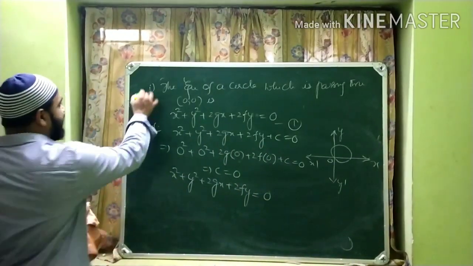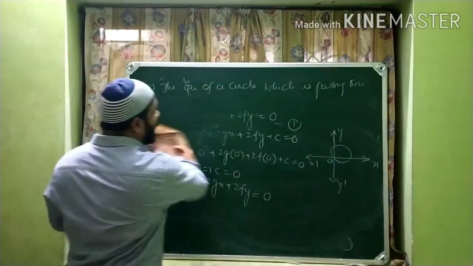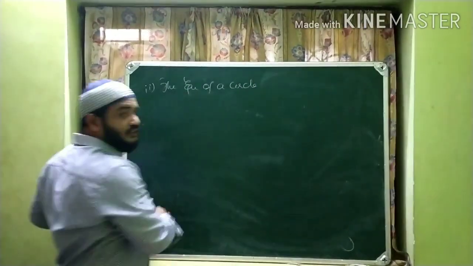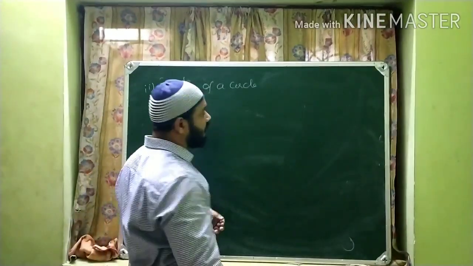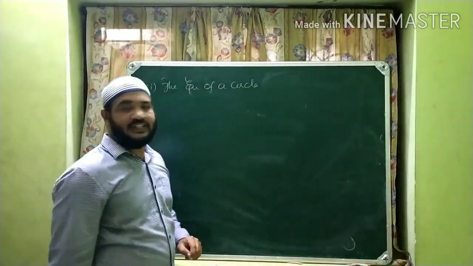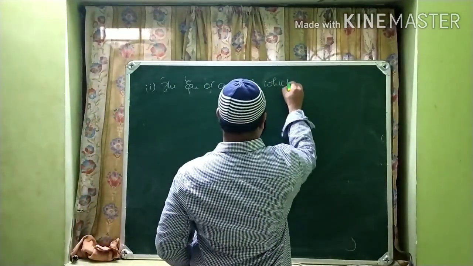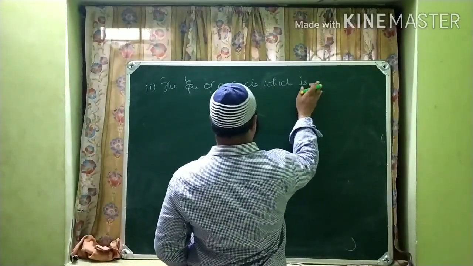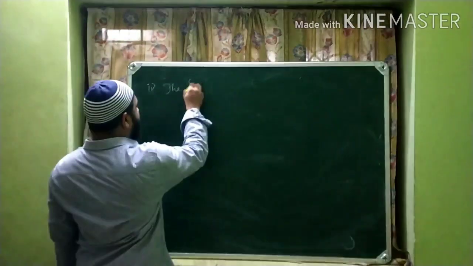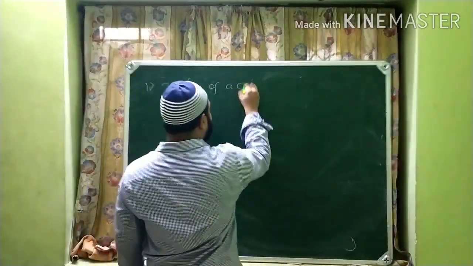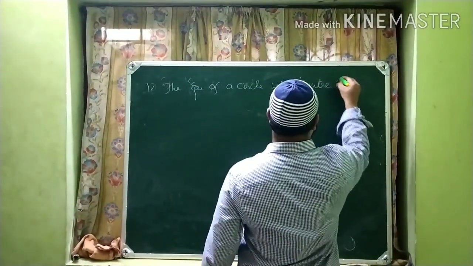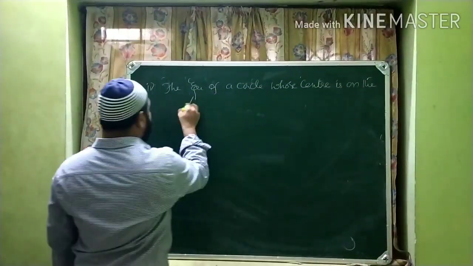So the second case is, what is the equation of a circle whose center is on the x-axis?